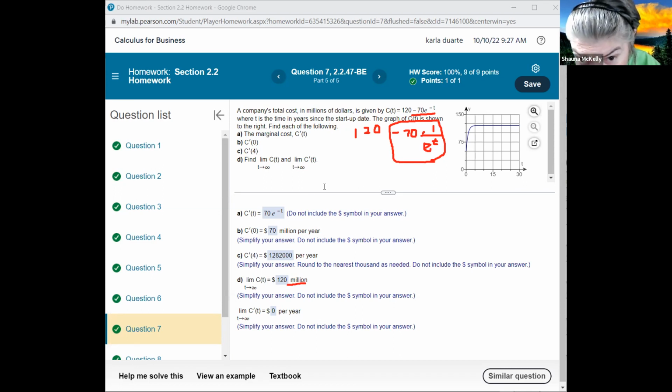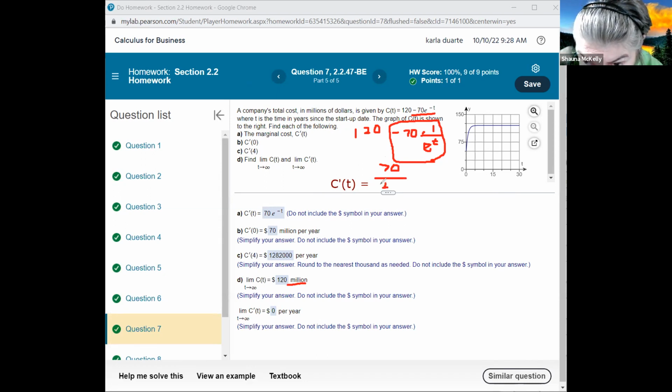C prime of t, if you go back to the function that you derived, C prime of t was 70 e to the negative t, which you see in part A. I'm going to write that as 70 over e to the t power.